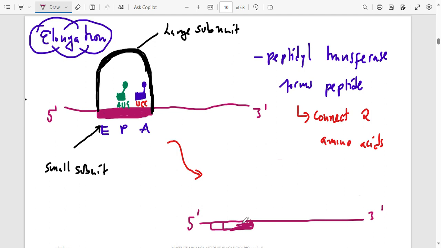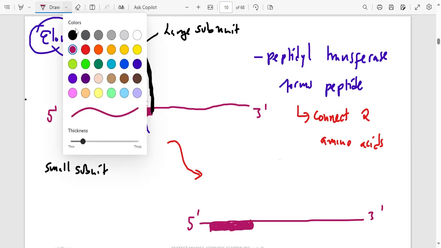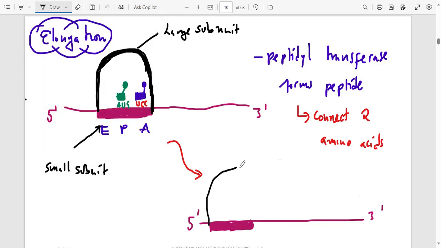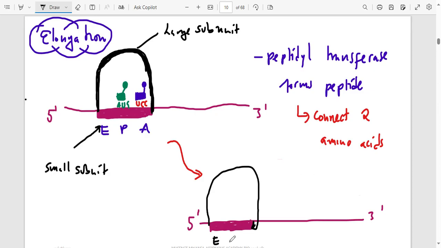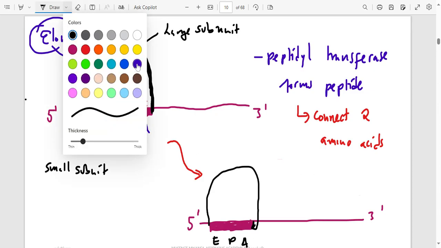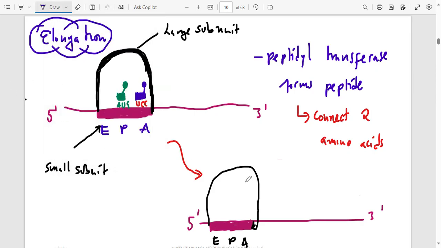This is our small ribosomal subunit. Then we have got our large ribosomal subunit here, and then we have got the three sites: E site, P site, A site. What is happening in the P site? So now we have formed a bond.